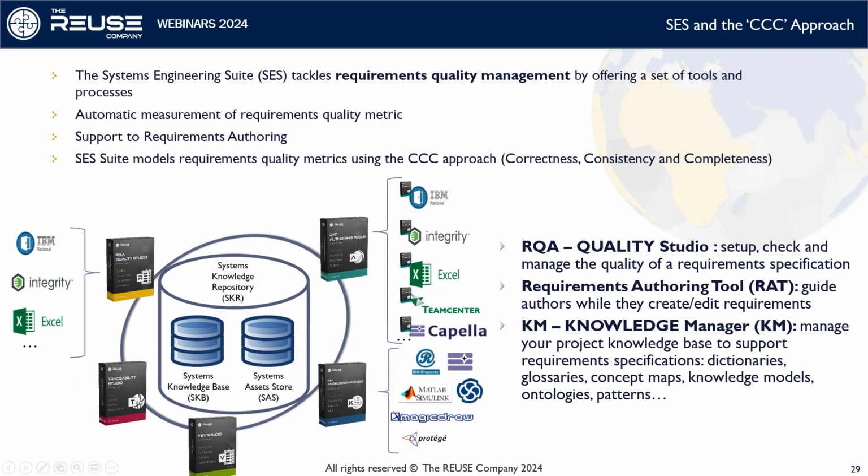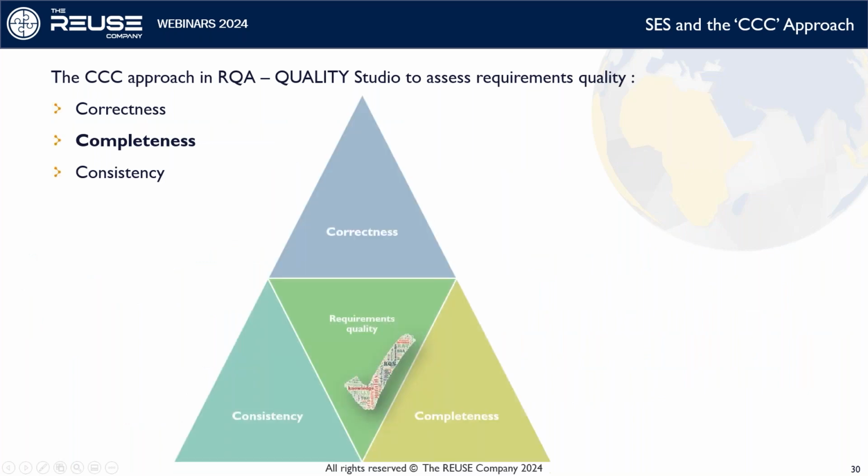If we look at this CCC approach, as I said, correctness, consistency, completeness, we consider that requirements quality needs to have these three components connected and assessed. Otherwise, it's only a partial assessment. If we consider that each and every requirement is correct, has a proper syntax, and has no vague or forbidden word, but we don't check the completeness, then that's not enough.